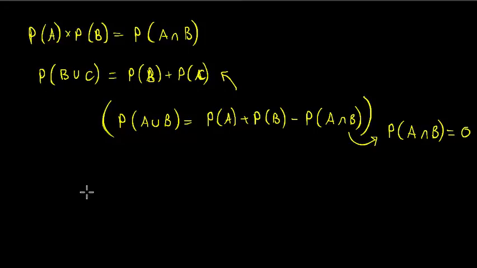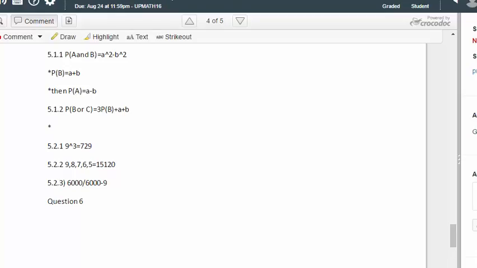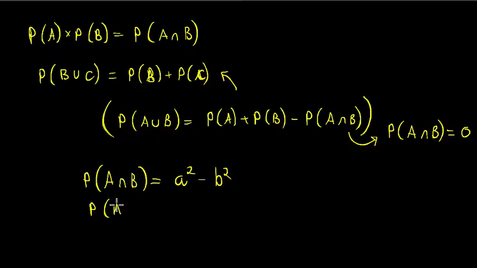So for example, if P(A and B) is equal to A squared minus B squared, and P(B) is given, P(B) is A plus B.